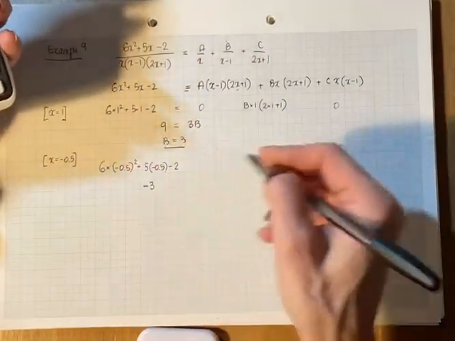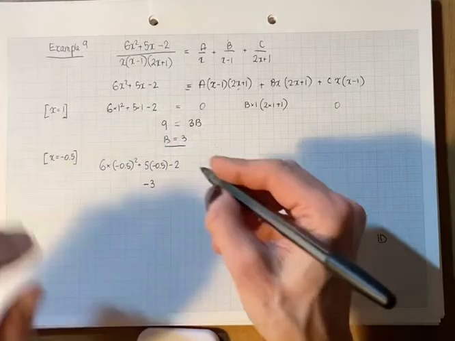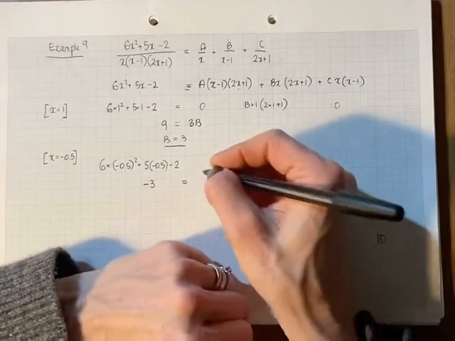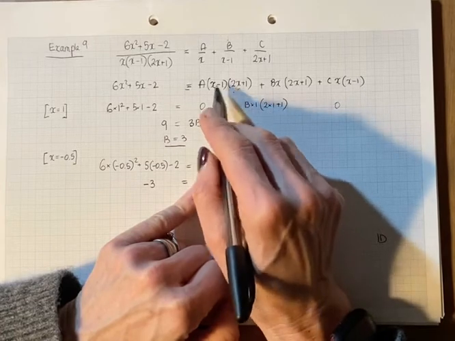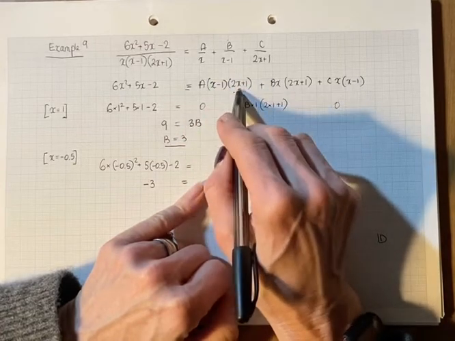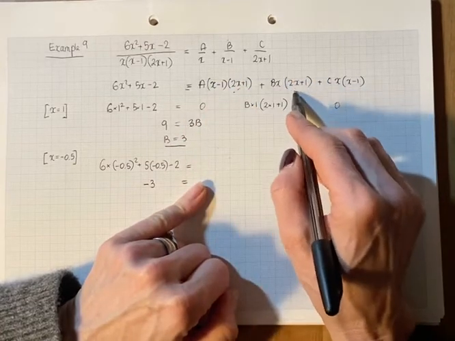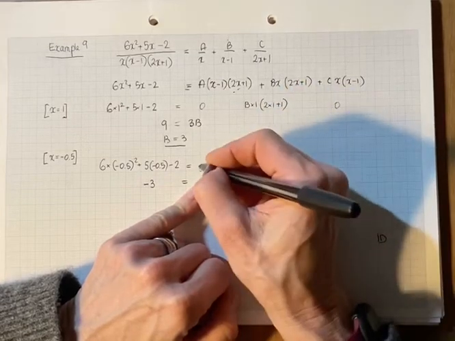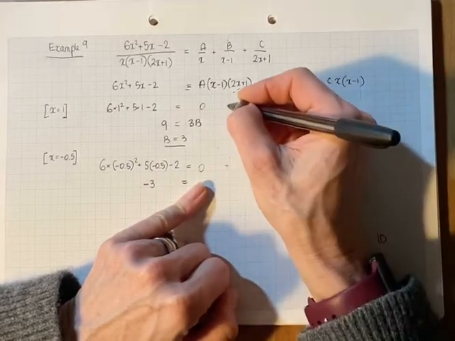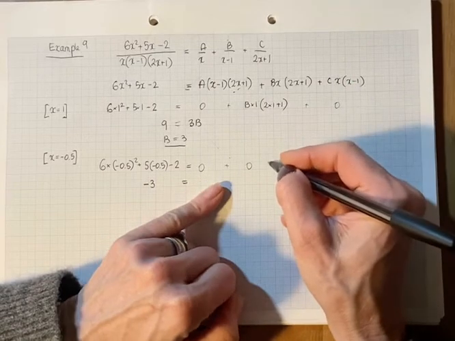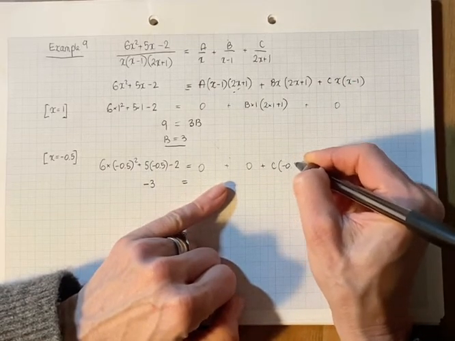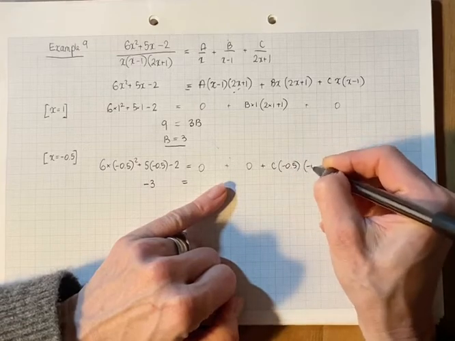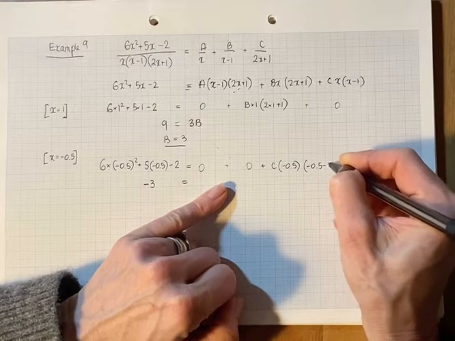Okay, and then you can do it for the next one as well if you want to, but we're going to sub minus a half into this part. That will go to 0. Into this part, that will go to 0. So this one will be 0 plus 0. Last one is the only one that matters. So it's going to be c times minus 0.5 times minus 0.5 minus 1.